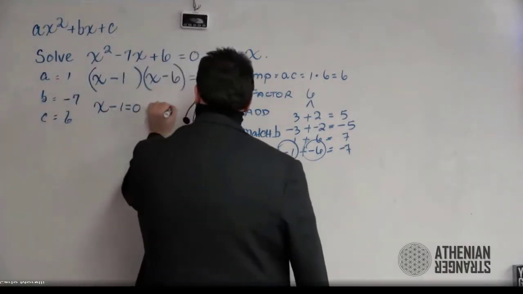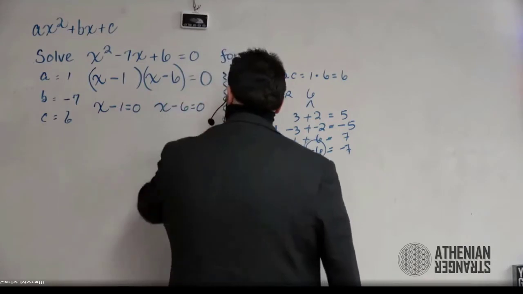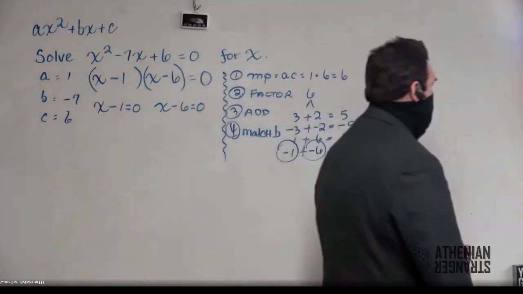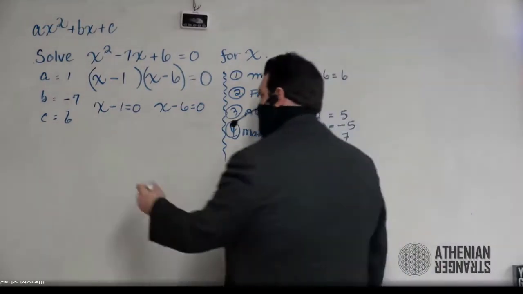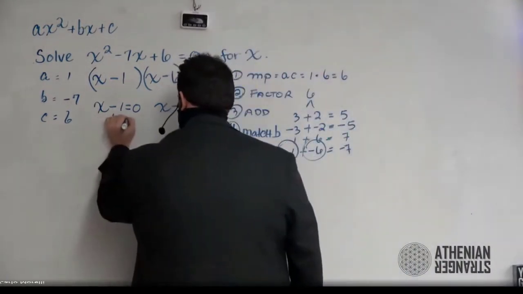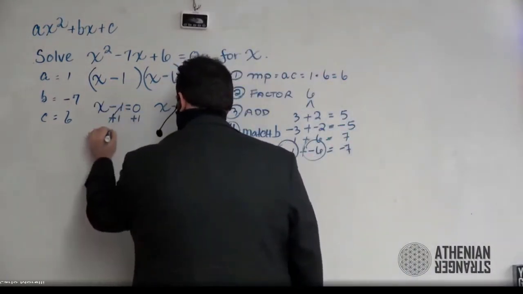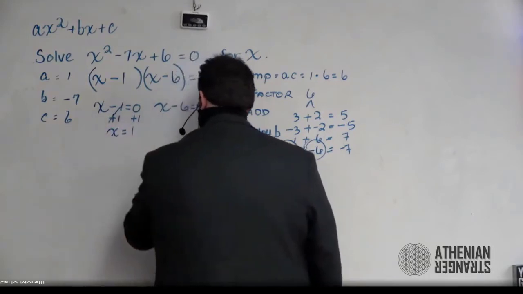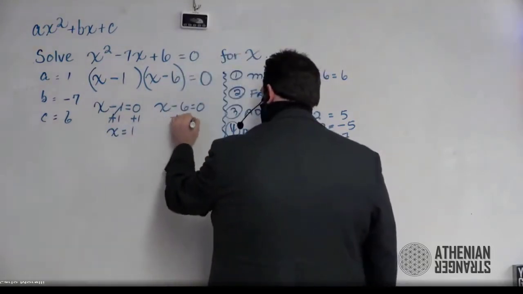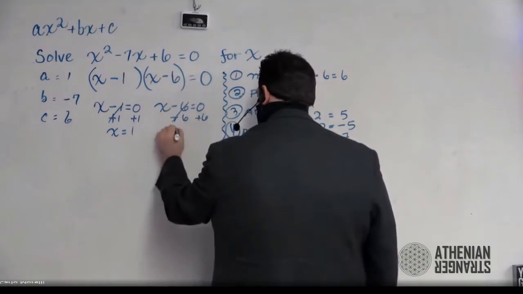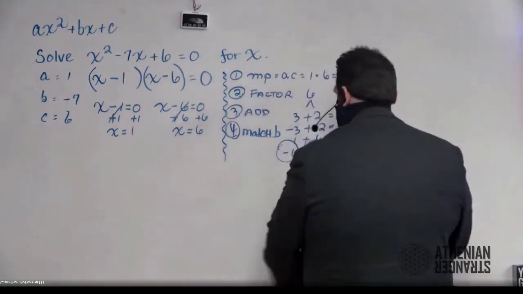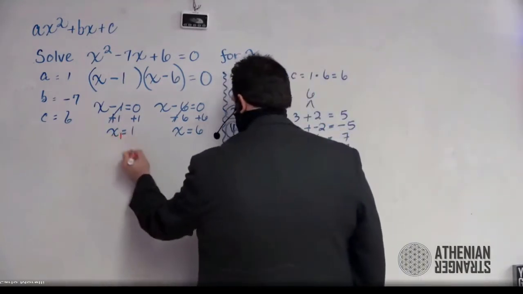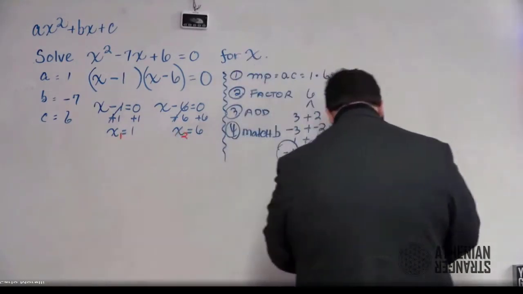So you set up these two little equations. x minus 1 equals 0, x minus 6 equals 0. Next step is to solve. So it's plus 1, x equals 1. That's one solution. Plus 6, x equals 6. That's another solution. We identify these as solution 1, solution 2.